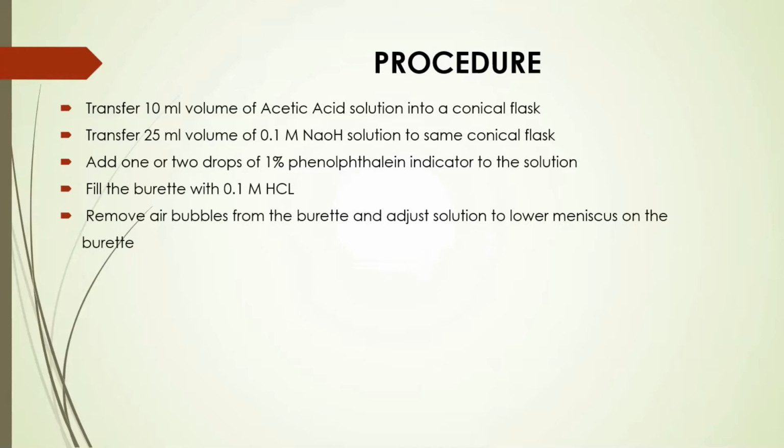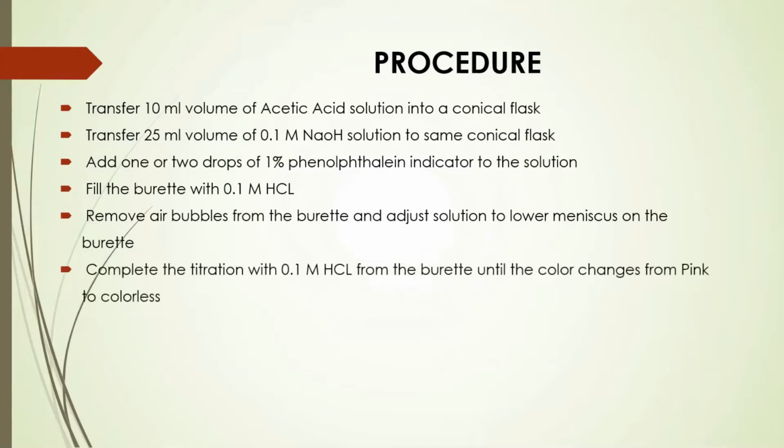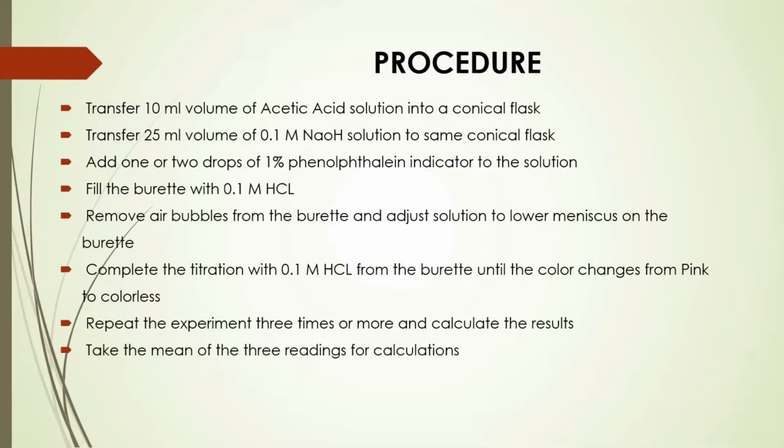Remove air bubbles from the burette and adjust the solution to the lower meniscus on the burette. Complete the titration with 0.1 molar HCl from the burette until the color changes from pink to colorless. Repeat the experiment 3 times or more and calculate the results. Take the mean of the 3 readings for calculations.